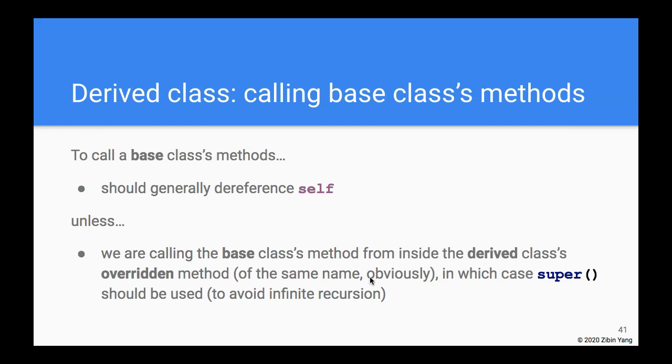Like in the case of calling the base class's Dunder Init from the derived class's Dunder Init. In that case, we have to use super to avoid the infinite recursion that we saw earlier.